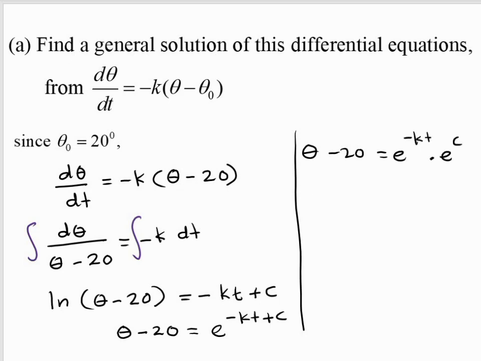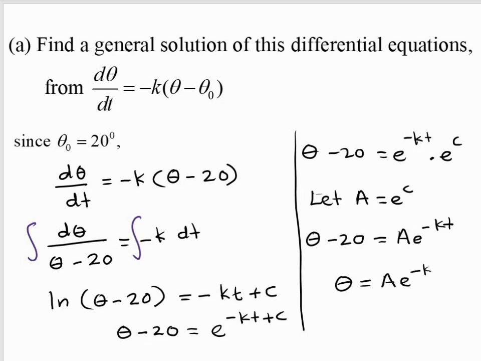Let's convert e to the power of c to become A. So now we have theta minus 20 equals A e to the power of negative kt. So our theta equals A e to the power of negative kt plus 20. This is our general solution for the model.